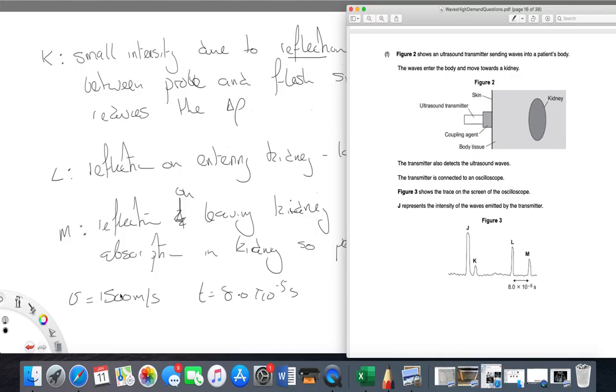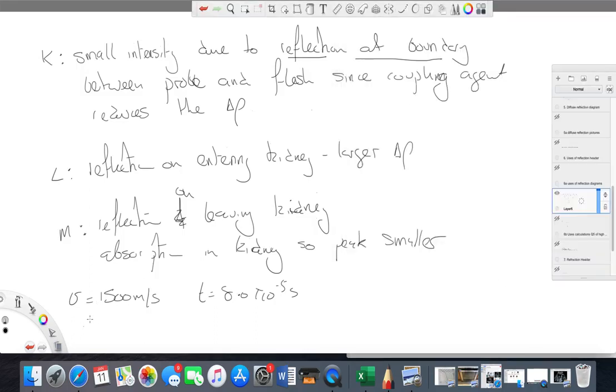So since speed or velocity is distance divided by time, this then gives us the distance is the velocity times the time, which is 1500 times 8 times 10 to the minus 5. But actually the distance we want is half of that. So let's divide that by 2.